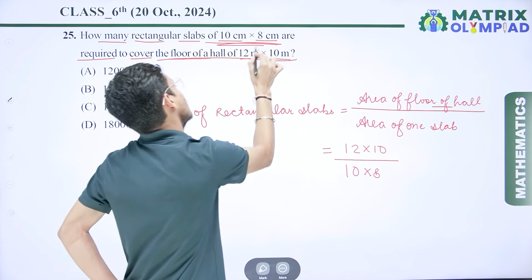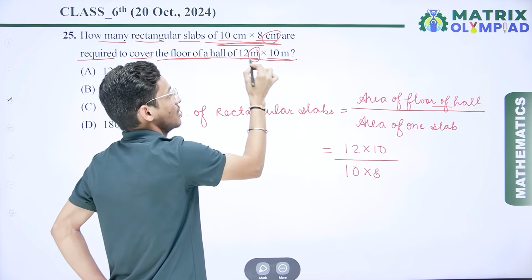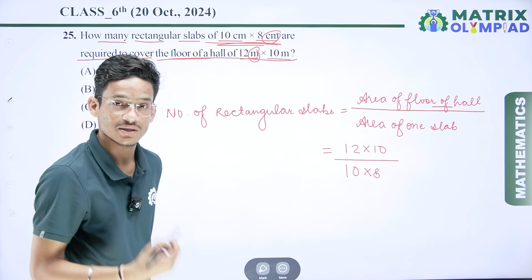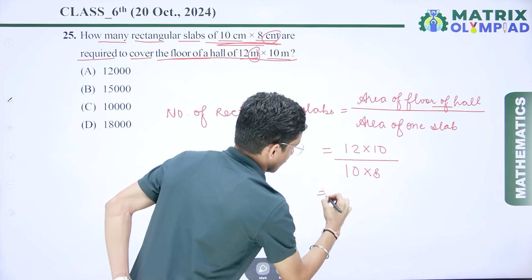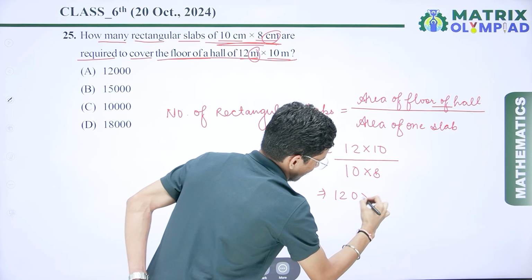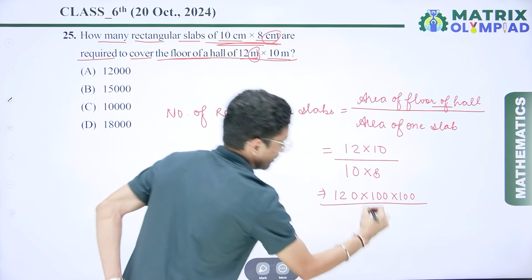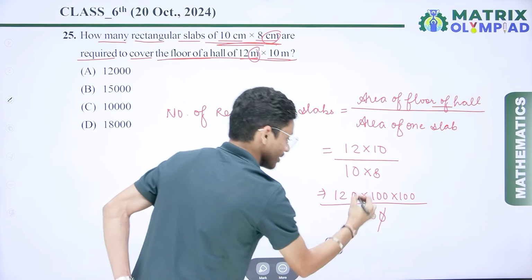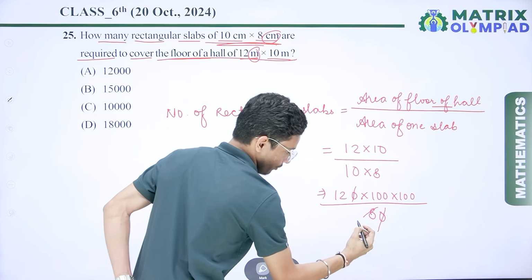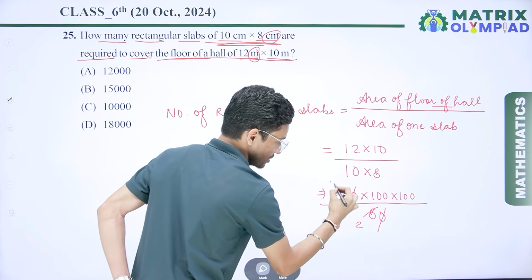So here we have meter and here we have centimeter. So first we have to convert meter into centimeter. So I can say 120 multiplied by 100 multiplied by 100 divided by 80. So 10 and 10 cancel out, and 4 1s are 4, 4 2s are 8, and 4 3s are 12.